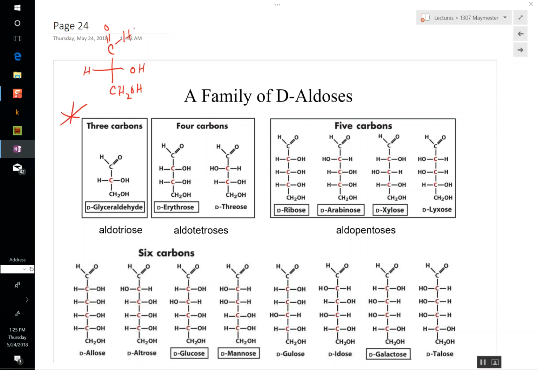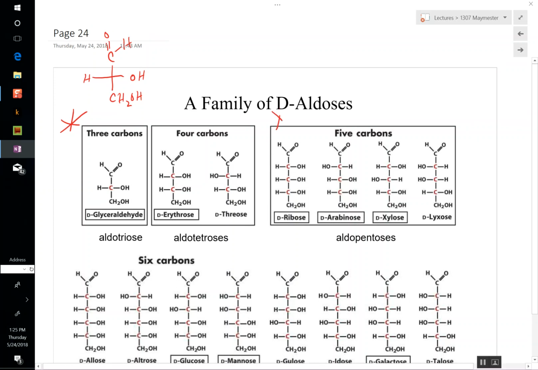Okay, jump up to 5 carbons long. There are 3 chiral carbons. When you get to 5 carbons long, D-ribose, right. They're all on the right. And that is one I want you to memorize. Where does this sugar show up? RNA.